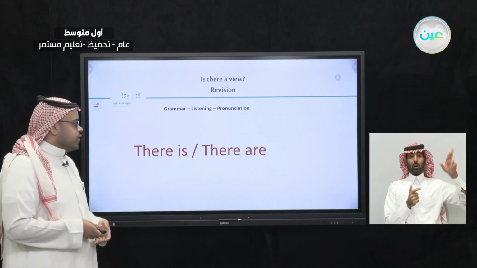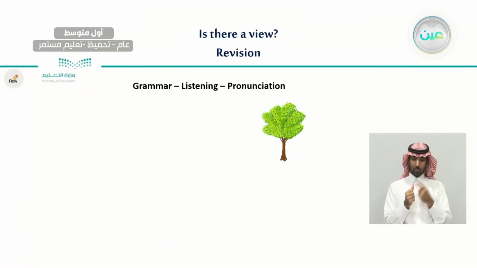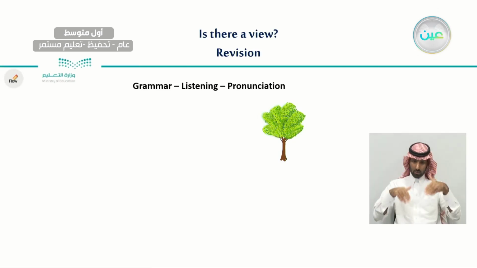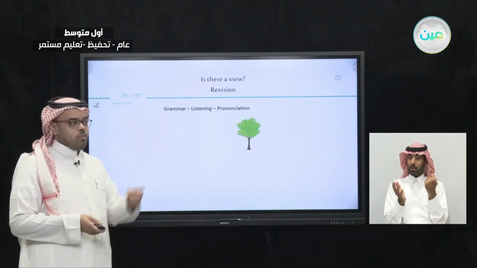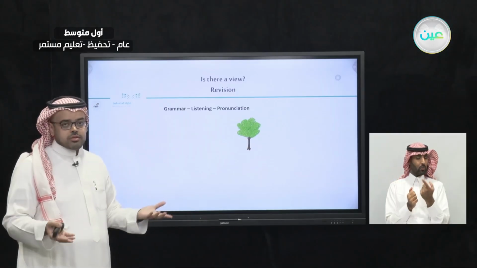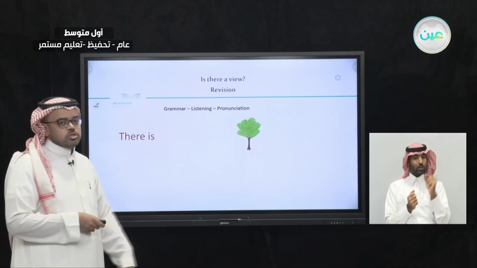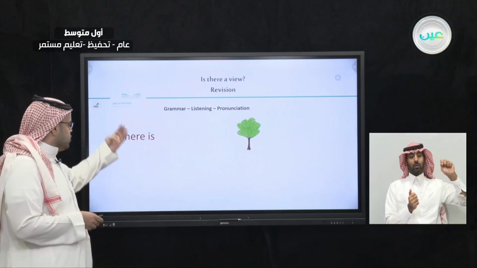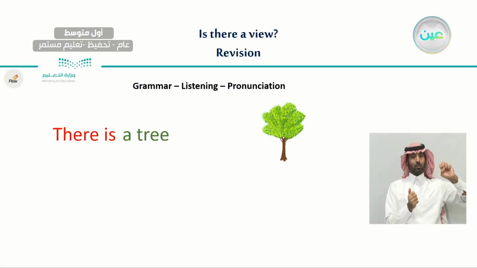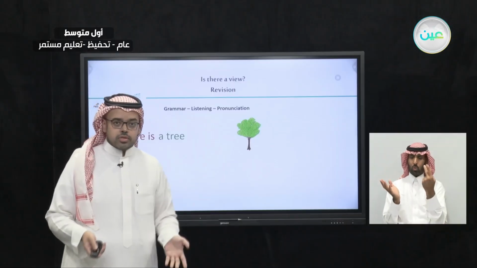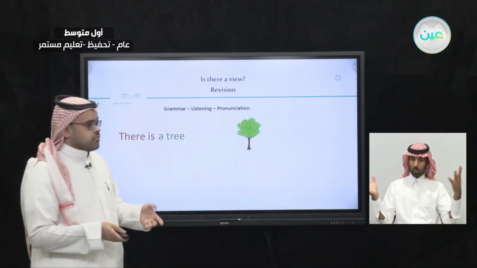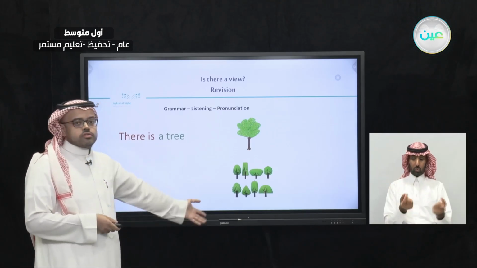For example, have a look at this tree. If I see only one thing, one object, in our case only one tree, what should I use? I would say, of course, there is a tree, because it's only one object. How about if I see a group of things, maybe two or more than two, like those trees?